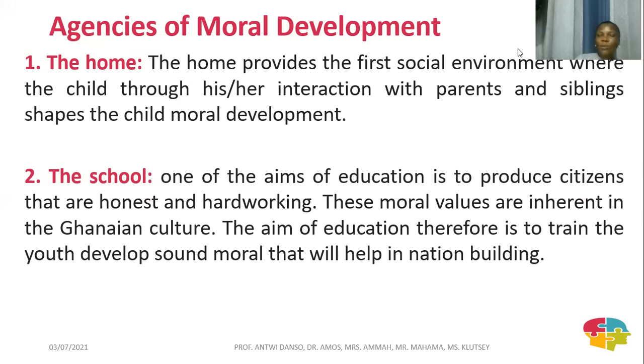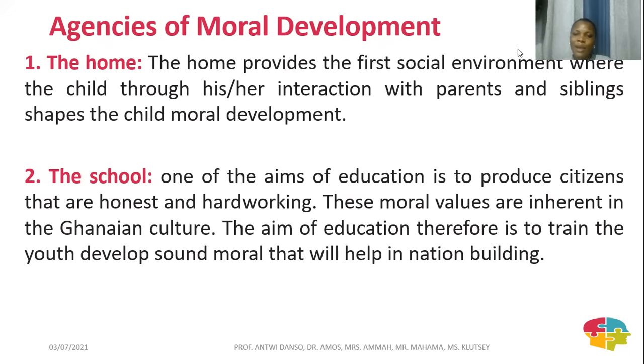Secondly, aside from the home, the next institution that the child finds itself in is the school. So the school also is one of the educational institutions that shapes moral development.